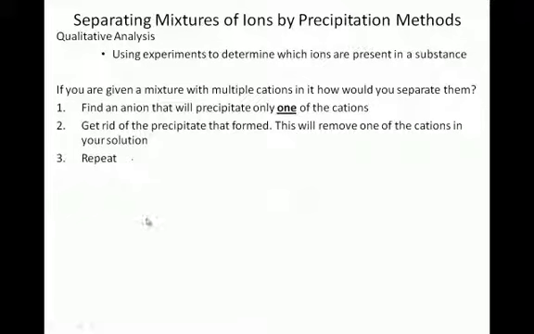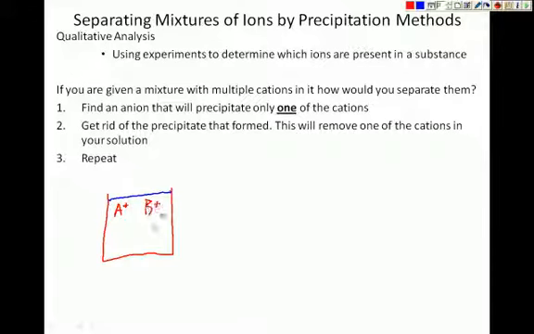So let's pretend an example of this to get a visual of it. Let's pretend we have a solution full of three types of cations. So we have maybe a solution full of A plus cation, B plus cation, and C plus cation.